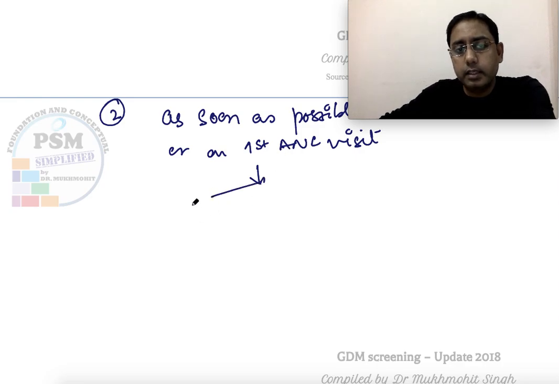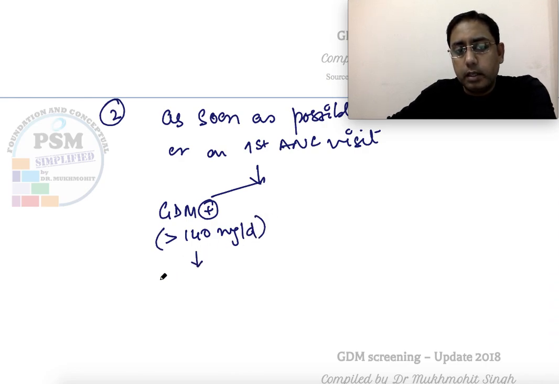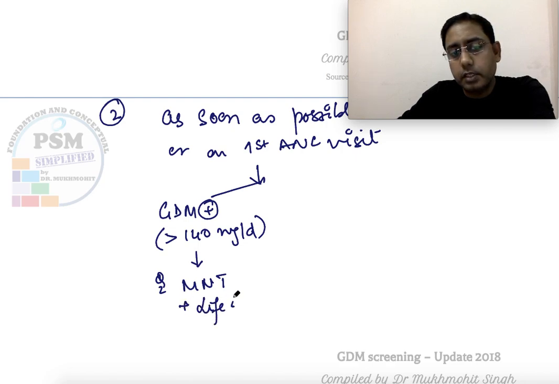In case this is GDM positive, that is the 2 hour blood sugar more than 140 mg/dL, in those cases we need to start medical nutrition therapy plus lifestyle changes plus exercise.